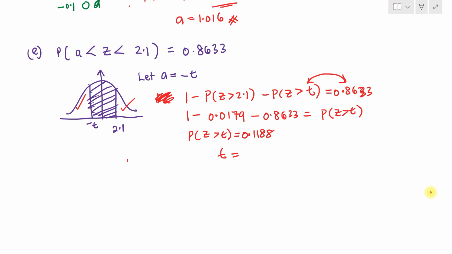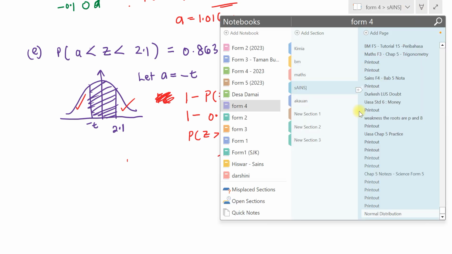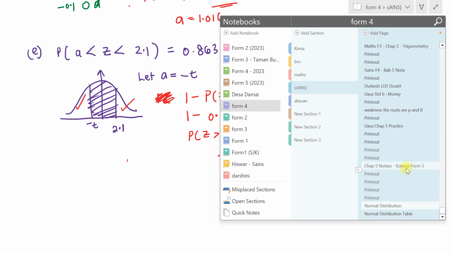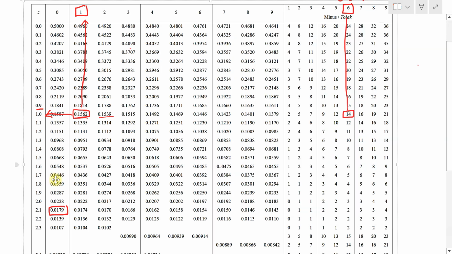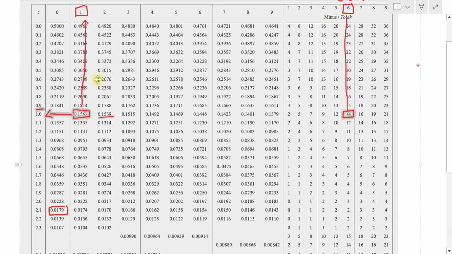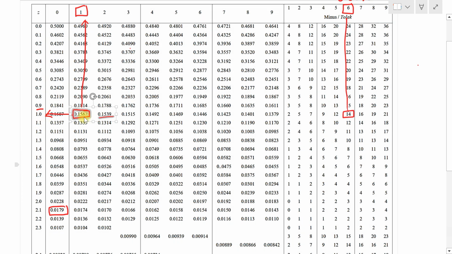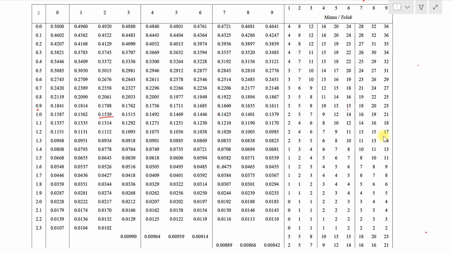Remember, we are finding Z score now, not probability. So 0.1188. We are going to find that. Which one is 0.1188? 1188 is 90, slightly bigger.